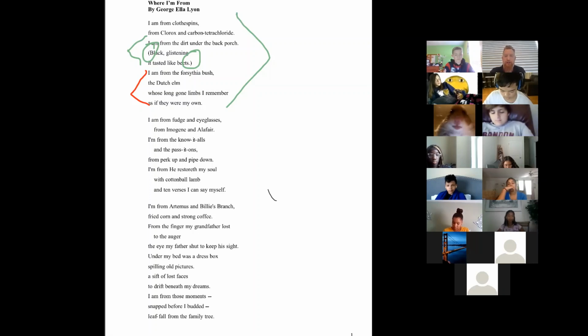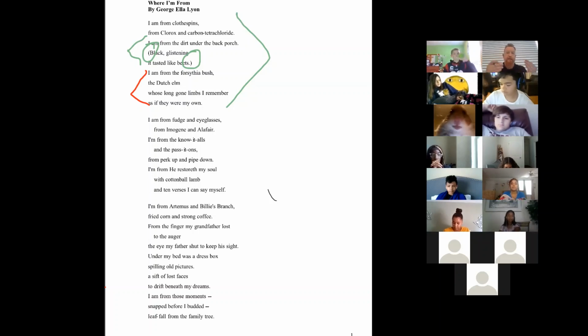And realistically, this is one of the things that I want to point out to you. When George Ella writes this poem, some of these things are actually a little bit too specific to her. So when you're writing a poem, it needs to be specific about you, but it also needs to be somewhat universal so everybody else can understand what you're talking about. When she uses words like Imogene and Alifair, they could be a whole bunch of different things. And it makes it very difficult for us to actually relate specifically to the poem.